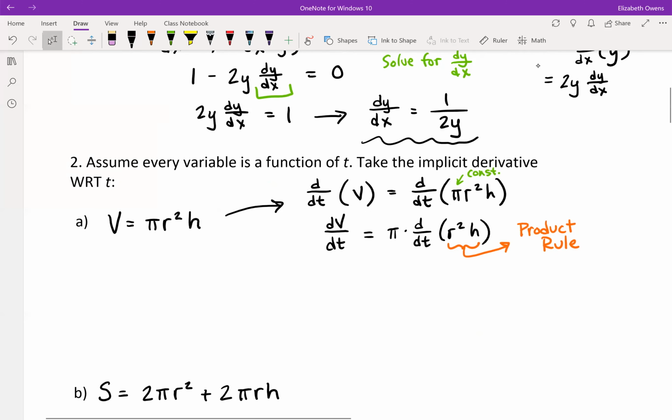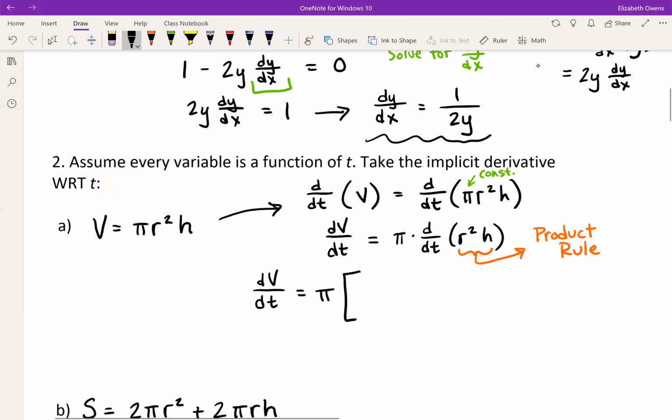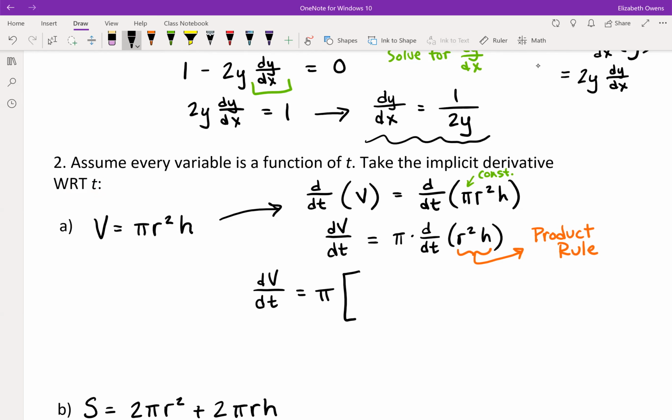Okay, so let's do dv dt. Then we've got our pi here, and then we'll set up our product rule. So we're going to have our first function times the derivative of the second. So that'd be r squared times d dt of h. And then plus our second function times the derivative, d dt, of the first.